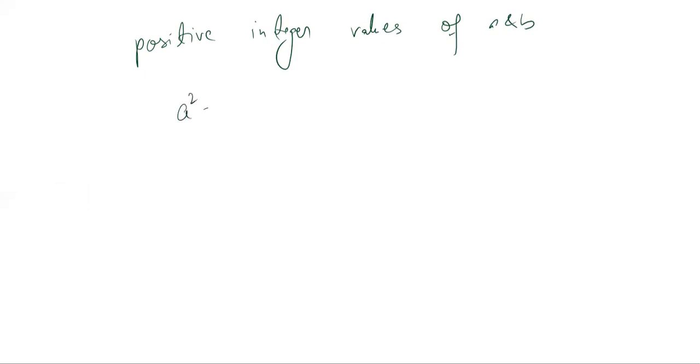So if I have positive integer values of a and b, we're just discussing two special cases. One is a square minus b square equal to 1, and a square minus b square is equal to 4.